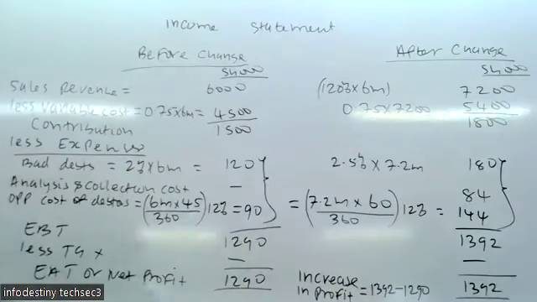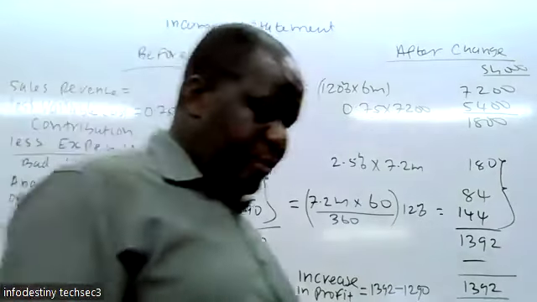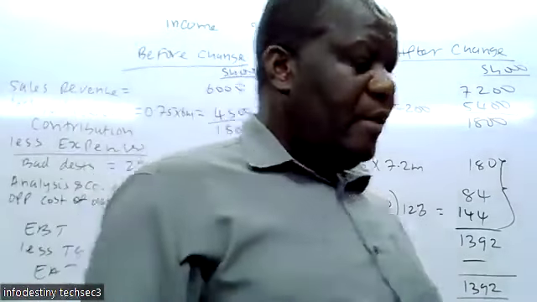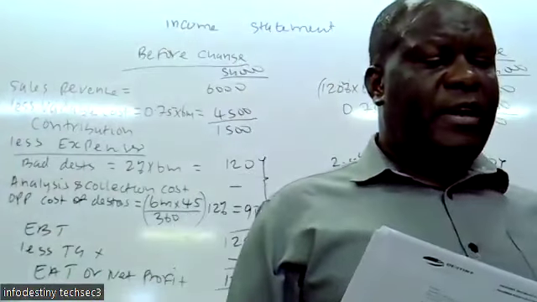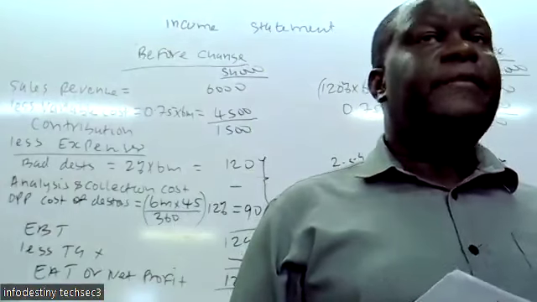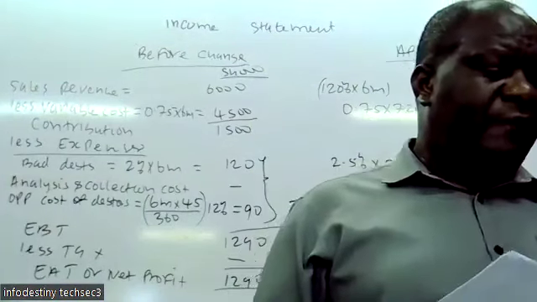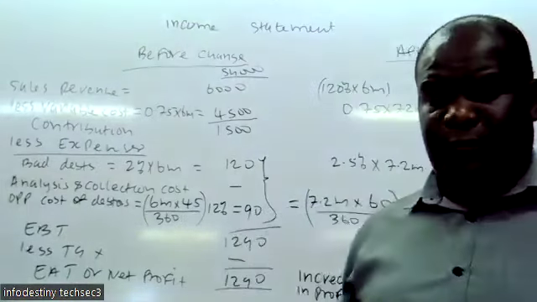Then on the next page, they also say that inventory level and the variable cost are expected to remain constant at 20% and 40% of the annual sales, respectively.